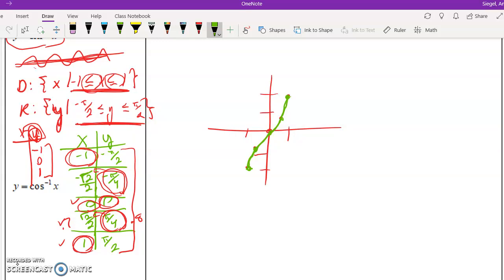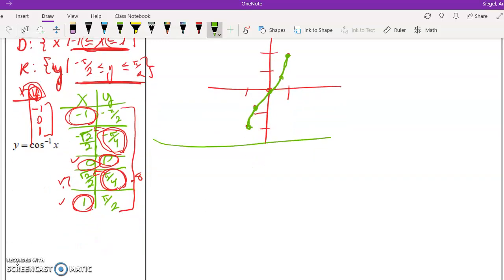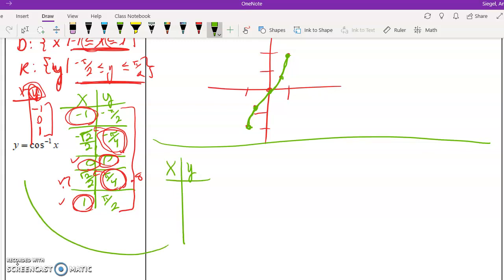Okay, cosine is going to be the same thing, same process. So I'm not going to go through it. I'm just going to write the XY chart. So this is for cosine. Sorry, this is looking very sloppy. So 1, 0, square root of 2 over 2, pi over 4. Again, so at a 45-degree angle, square root of 2 over 2.